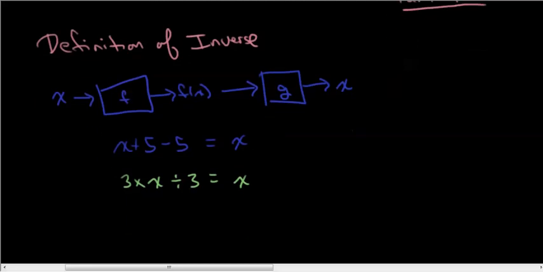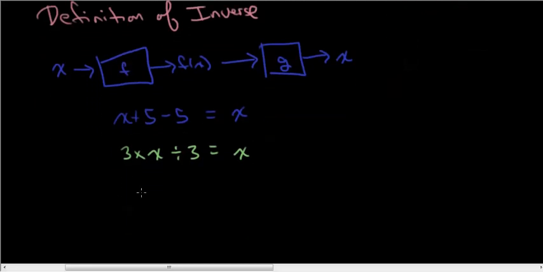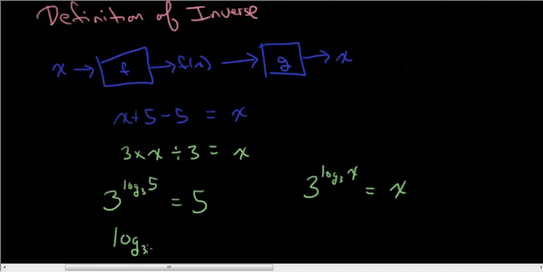X. Well, in the same way, and we've been seeing this a lot recently, 3 raised to log base 3 of 5 is 5, or 3 raised to log base 3 of x is x, and log base 3 of 3 to the x is x, right? So logarithms and exponents are inverses of each other.